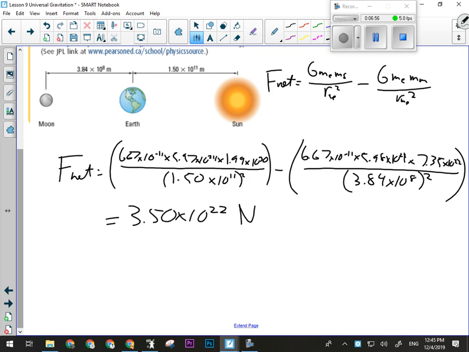Is net force a vector quantity? Which way is this?